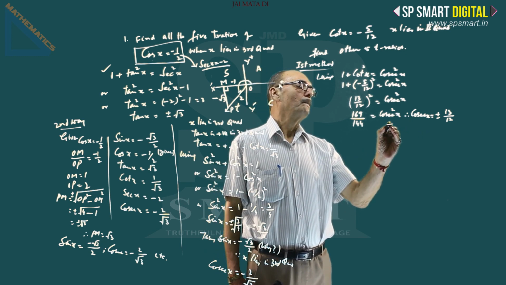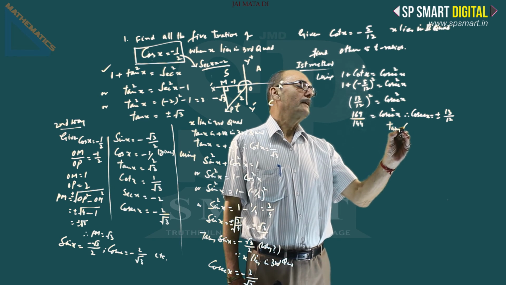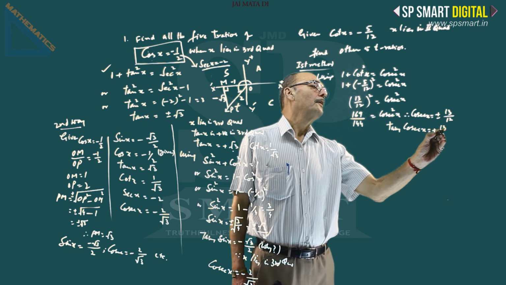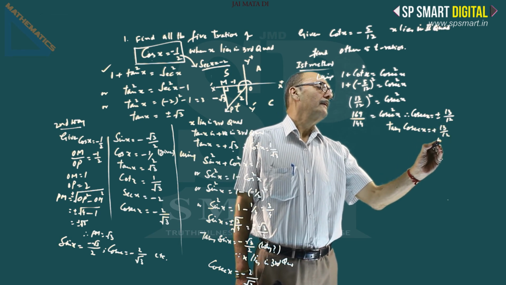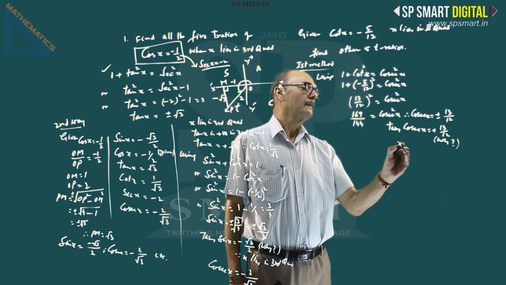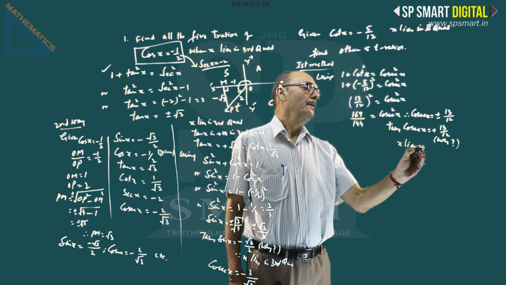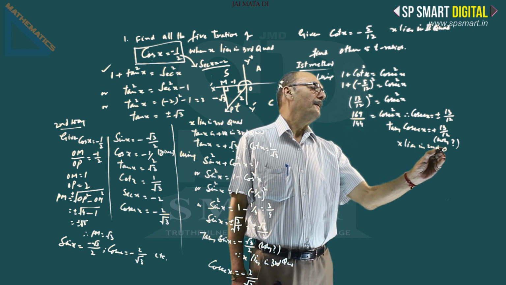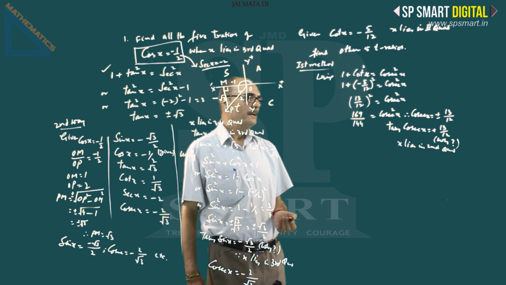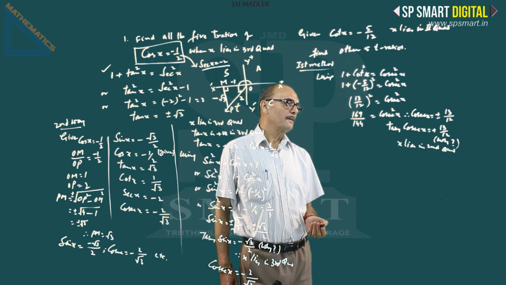Taking cosec x equal to plus 13 by 12. Why? Reason being x lies in second quadrant, and in second quadrant we know that sine and cosec have positive value.